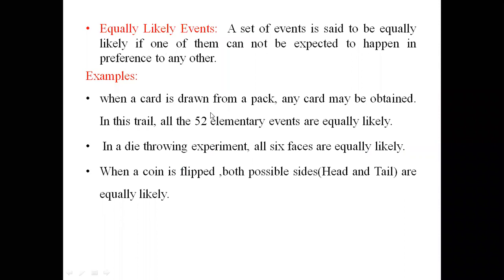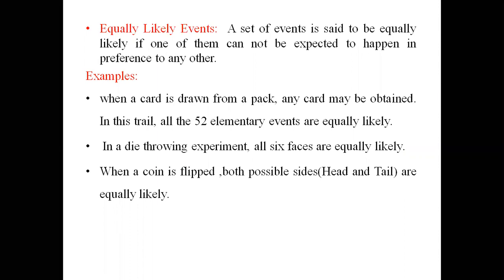Equally likely events: a set of events is said to be equally likely if one of them cannot be expected to happen in preference to any other. In a simple way, if you take a coin and toss it, there is an equal probability of getting head and tail. The possibility of getting head is the same as the possibility of getting tail. So we can say those two events are equally likely.